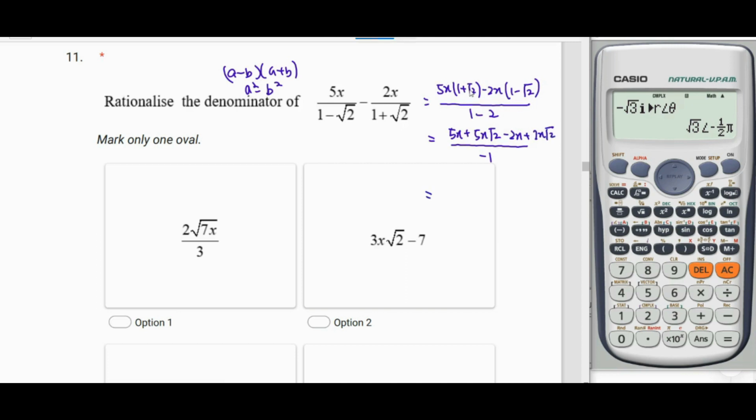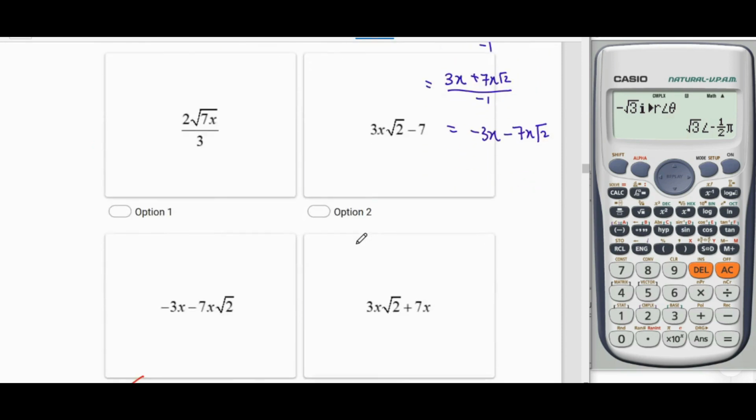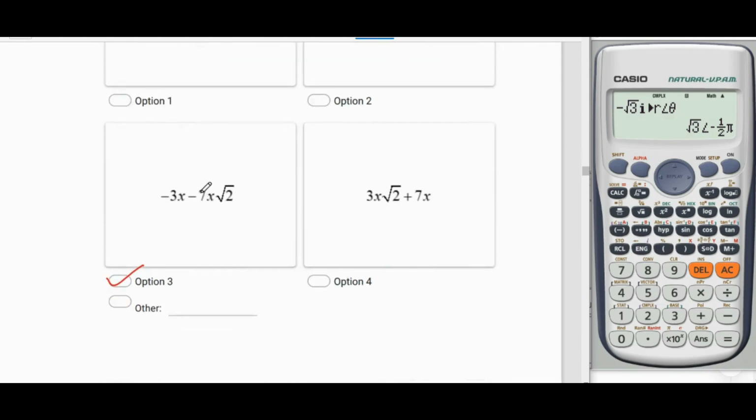So 5x and minus 2x gives us 3x. Then 5x sub 2 plus 2x sub 2 gives us 7x sub 2, divided by negative 1. So it gives us negative 3x, negative 7x sub 2. So here will be our answer.